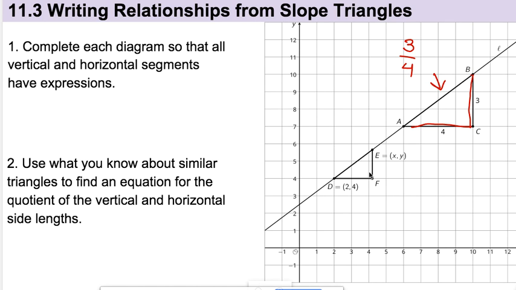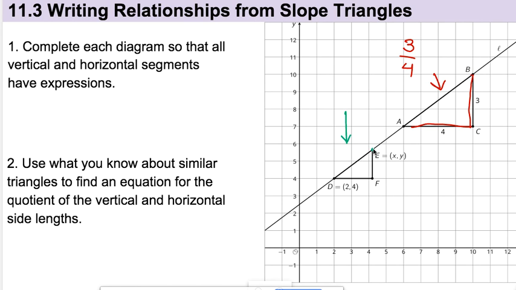Let's look at our smaller triangle. Horizontal distance, cannot tell. It doesn't line up perfectly, and neither does the vertical. So we're going to have to use what we can figure out. Use the information we're given to figure out what we don't know.